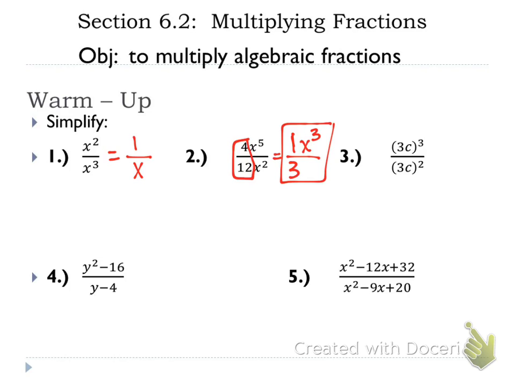Subtract, same thing we've been doing. 3 minus 2 is 1. So I would have 3c to the first power. Would it go in the numerator or the denominator? Numerator, because that's where the bigger exponent was. Now, if we wanted to, we could put a 1 in the denominator. But 3c to the first is the same as just 3c.